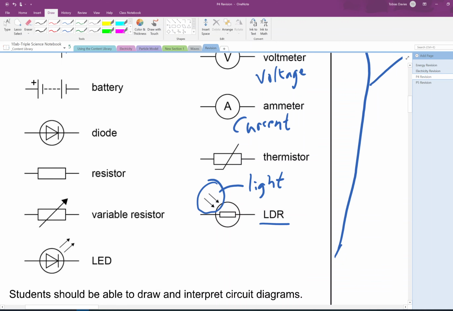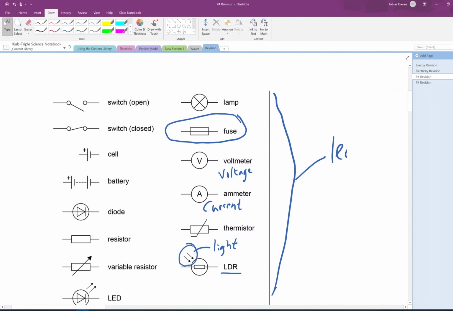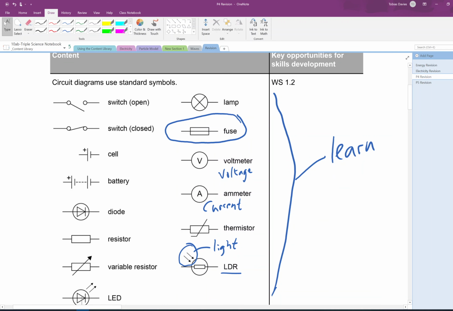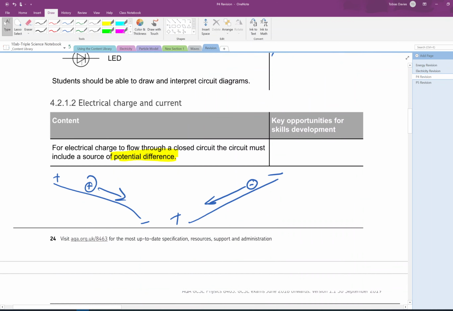So learn those, look at them in a specification, or pause the video, look at them here, maybe make flashcards, learn those so as you know what you're doing and you can draw circuit diagrams. You should be able to draw them, and you should be able to use them in a circuit diagram.